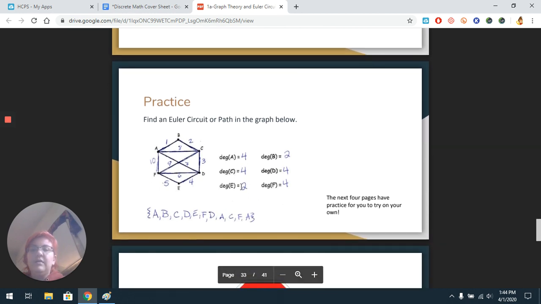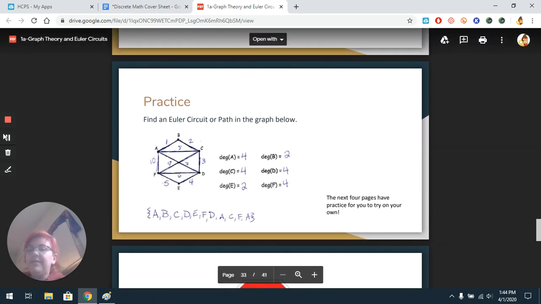So here, finding an Euler path, I'm going to get my pen here. All right. So if I find the degrees, A is 4, B is 2, C is 4, D is 4, E is 2, and F is 4, which means I've got an Euler circuit. All my vertices are of even degree.